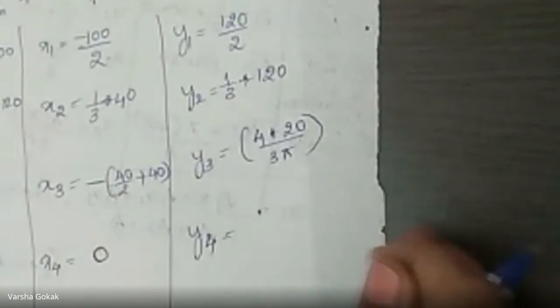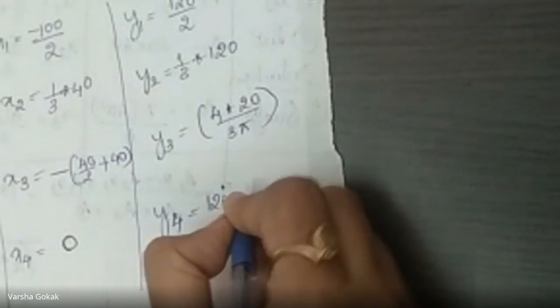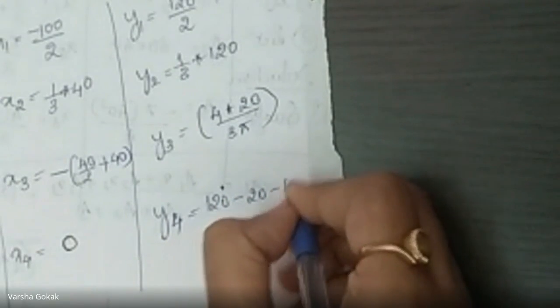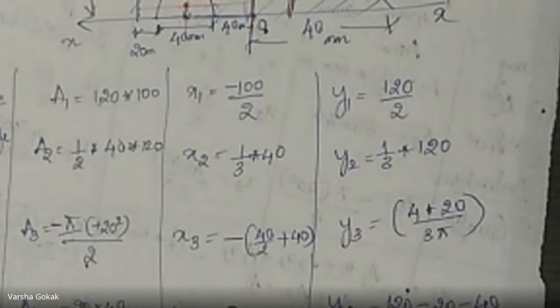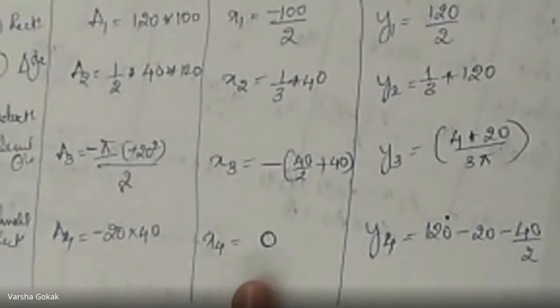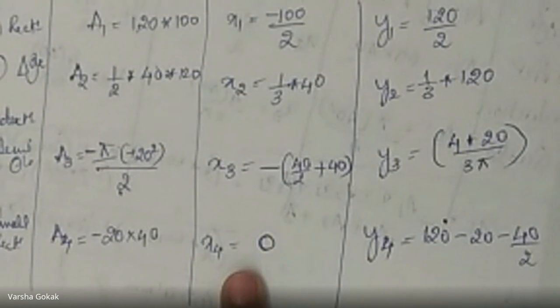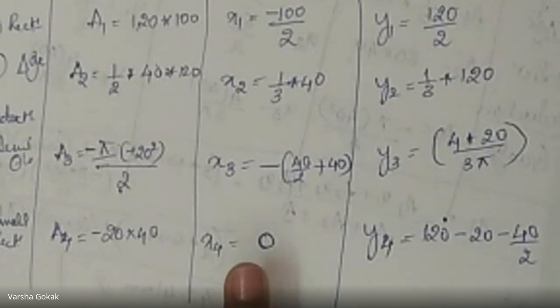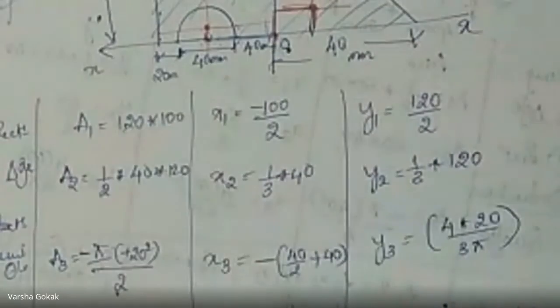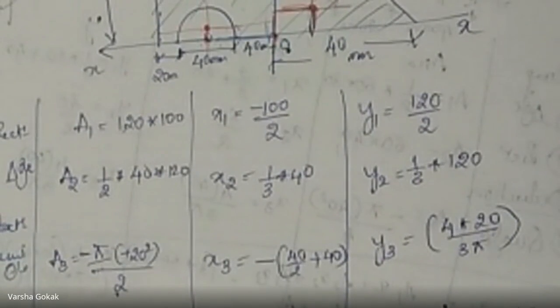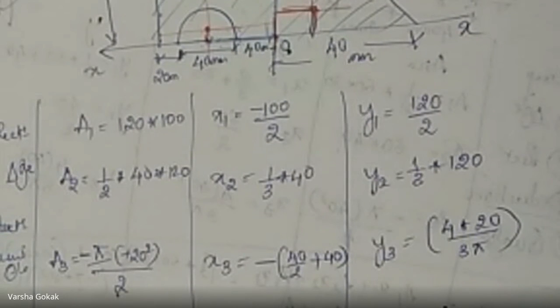So write it here. 120 minus 20 minus 40 by 2, that is also 20. So total would be 80. So x4 is 0. So a4x4 becomes 0 in the numerator. Okay, a4x4 becomes 0 because x is 0. Substitute all this and get me the value of x and y.